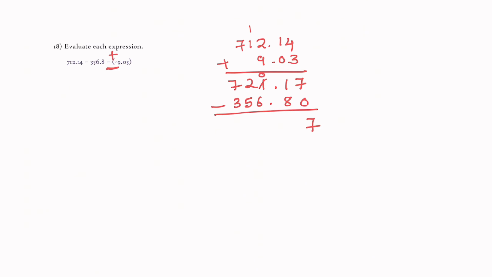We borrow from here. That's 3 decimal. Then again borrow. That's 4. Again borrow. That's 6 and that's 3. 364.37, and the sign is going to be a positive one based on this.